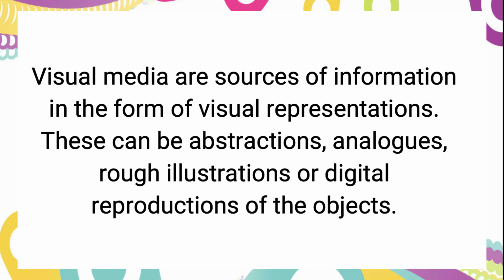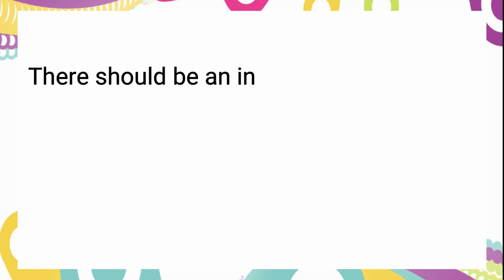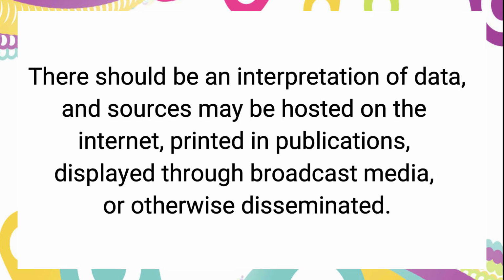This can be abstractions, analogs, rough illustrations, or digital reproductions of the objects. There should be an interpretation of data, and sources may be hosted on the internet, printed in publications, displayed through broadcast media, or otherwise disseminated.